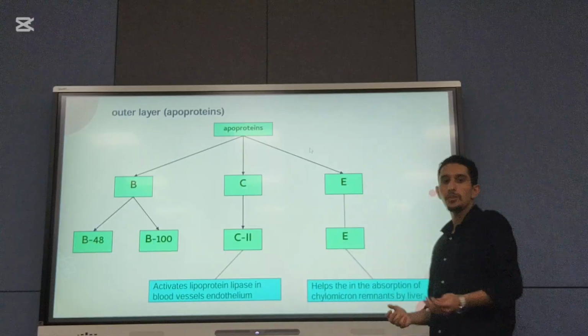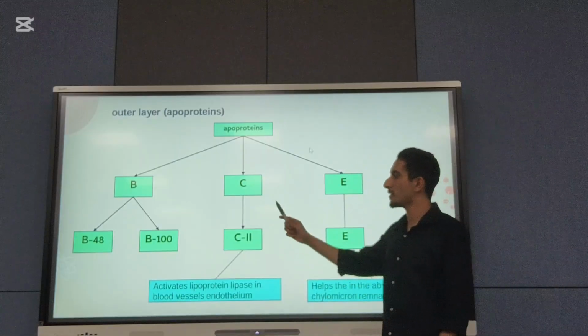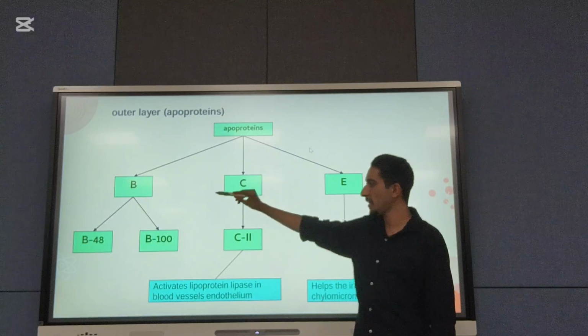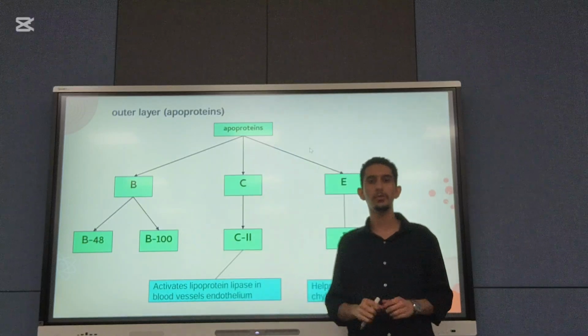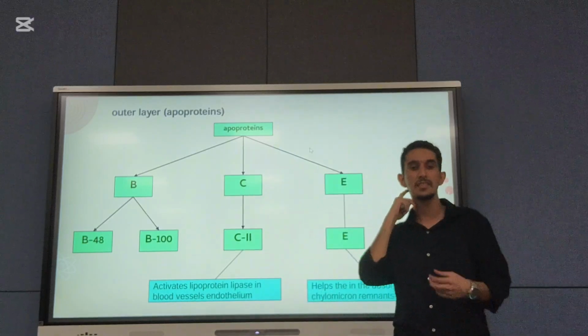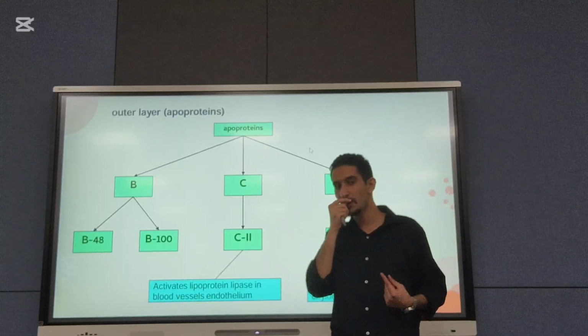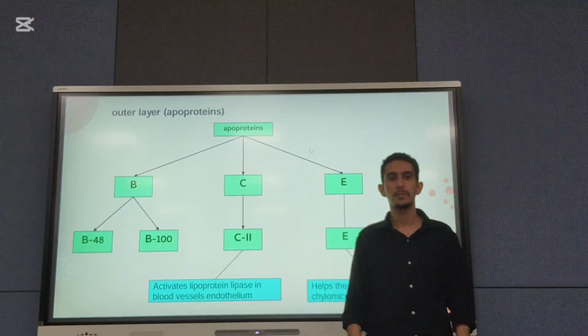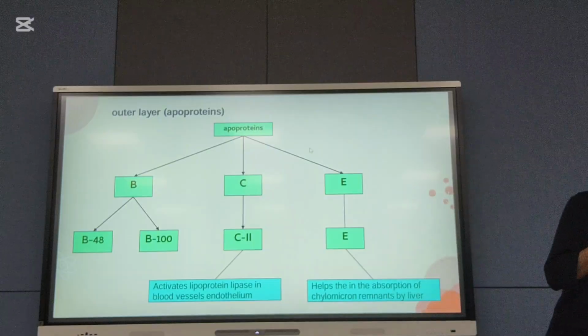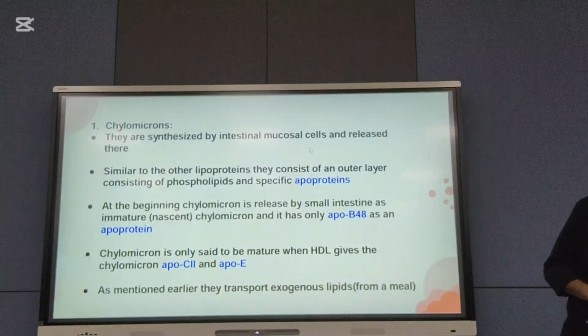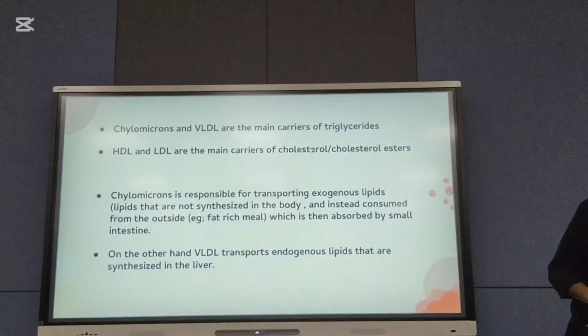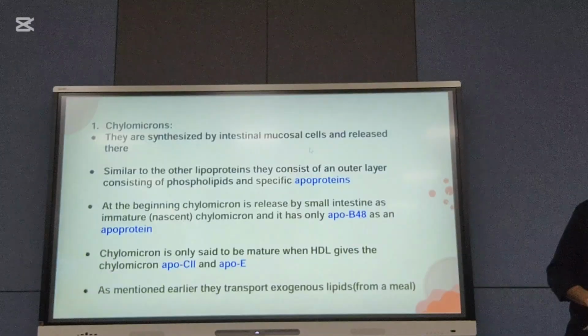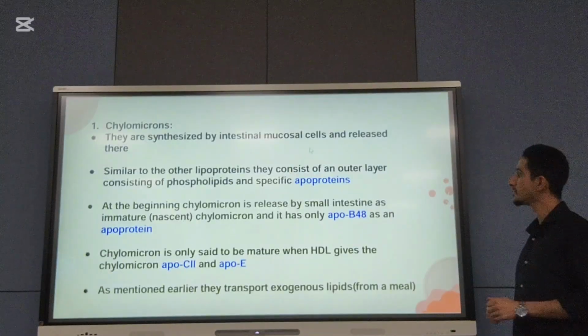So now we know that apoprotein B48 is in the chylomicron. But is it the only apoprotein in the chylomicron? No, we have others, but we still didn't mention them.